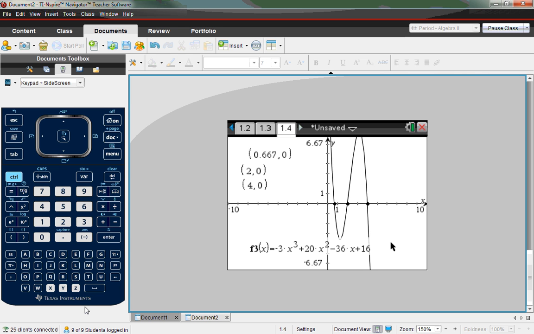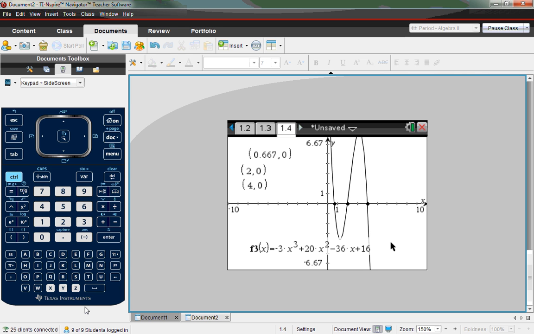Now, do we all understand where these middle values came from? What's 0.667? It's 2/3. Is 2/3 in my list of my P over Q values? Yes. Is 2 in my list of my P over Q values? Yes. Is 4 in my list of my P over Q values? Yes.